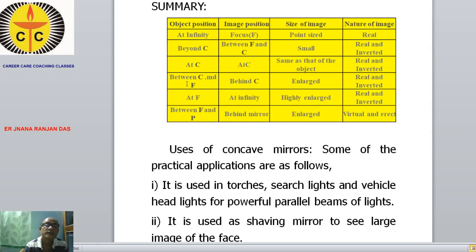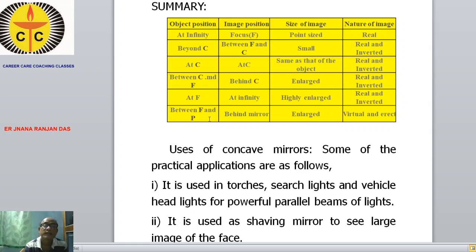Similarly, if the object is placed between C and F, the image is formed behind C, enlarged, real and inverted. Similarly, at the focus, the image is formed at infinity, highly enlarged, real and inverted.